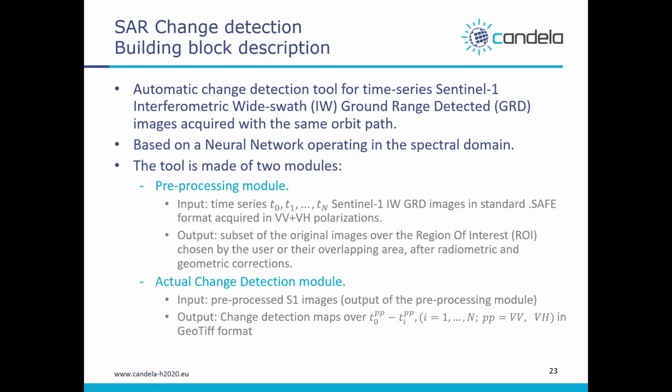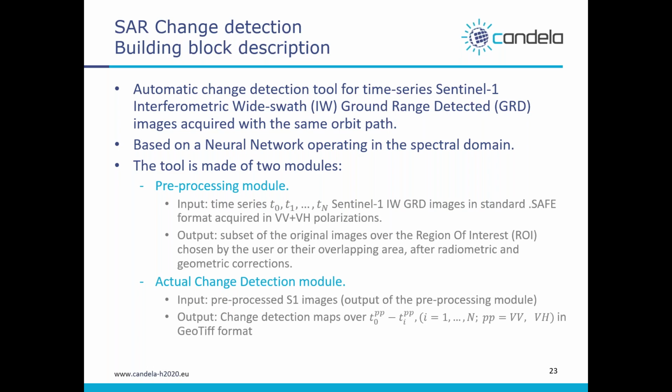So we developed a change detection building block, which is completely automatic and operates on Sentinel-1 interferometric wide swath ground range detected images. And it's based on a neural network operating in the spectral domain for an experimental approach.